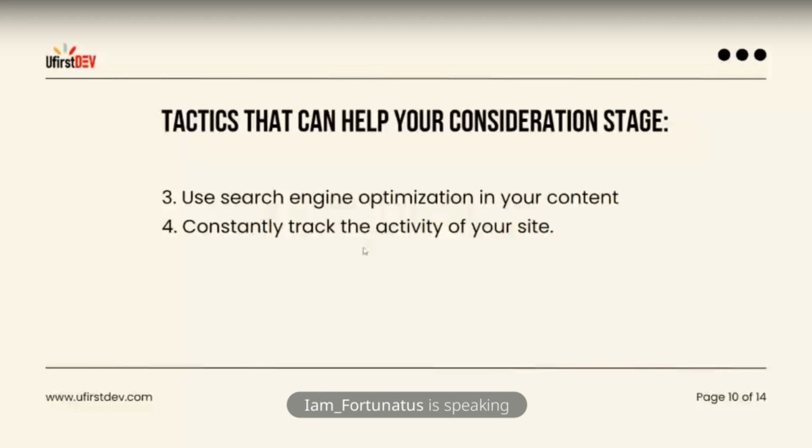So you have to learn how to incorporate SEO in your content. Learn how to use keywords. You know how to generate good headings that are SEO proven. So basically, just learn how to incorporate search engine optimization in your content.